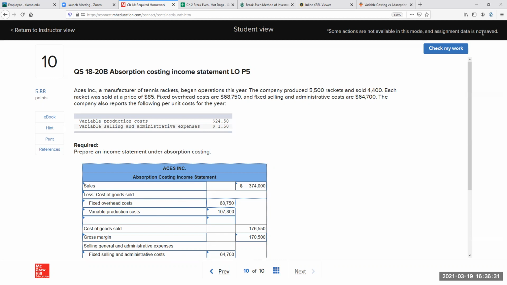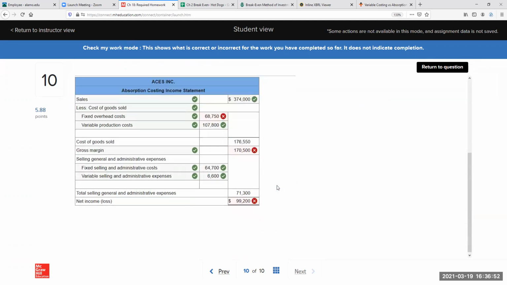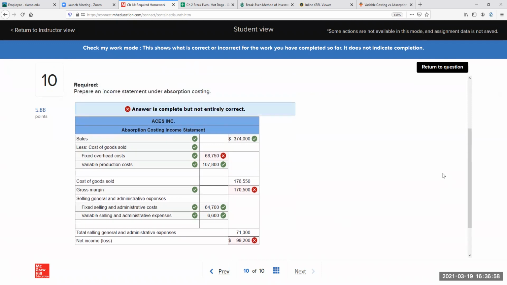And it liked the titles, so it did like that being multiplied by only what we sold, the variable. But what is the problem with 68,750? Administrative costs. The company also sold production, selling. Well, I'm not sure, so I've got to go back and look.